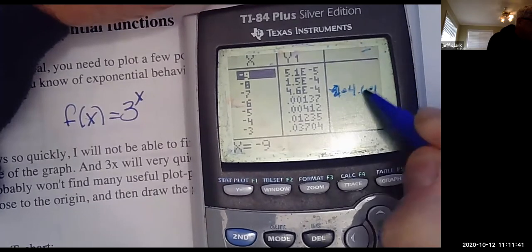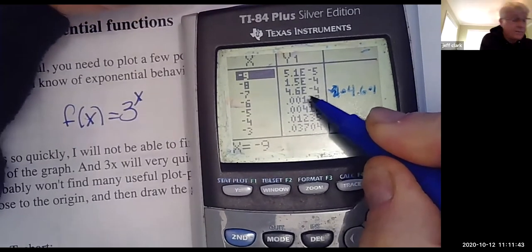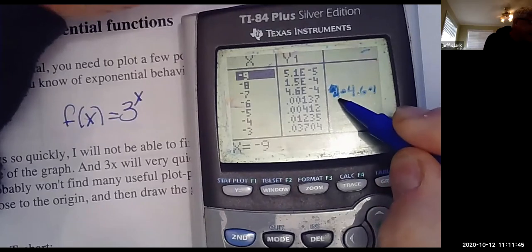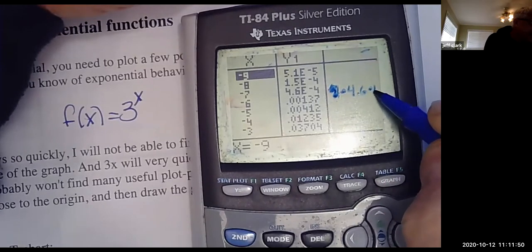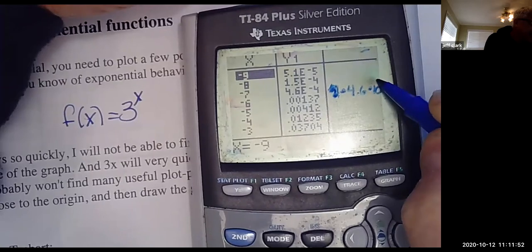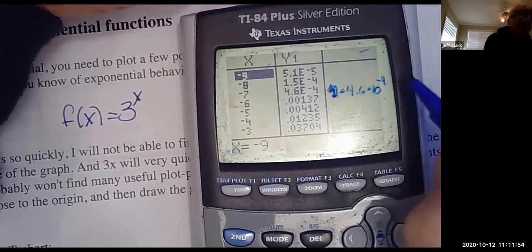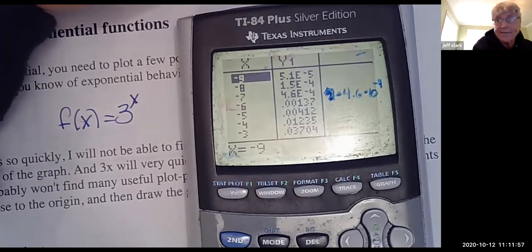That would be -7 comma negative 4.6 times 10 to the -4th power. It's called scientific notation.